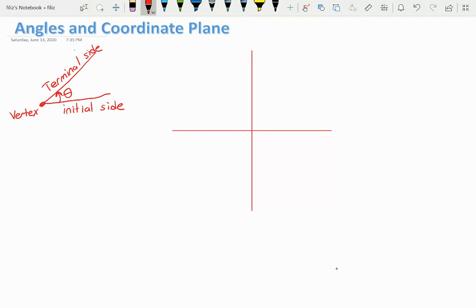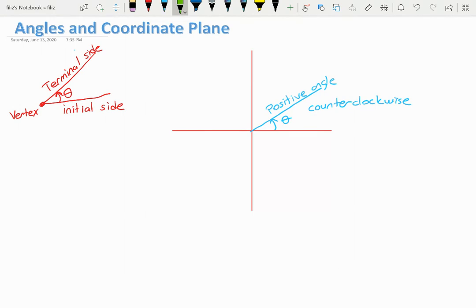Let's say we have an angle, this angle here, theta. This is moving counterclockwise. We said it is a positive angle.